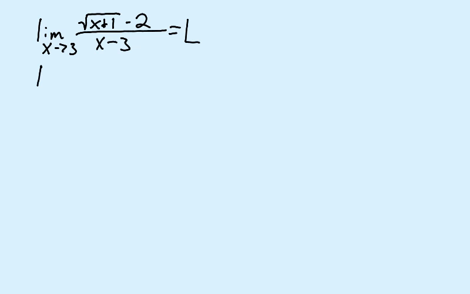One more example, also of rationalizing. So this is the limit as x goes to 3 of the square root of x plus 1 minus 2, and this is divided by x minus 3. Same idea applies. I'm going to see if I can multiply by the conjugate and get that x minus 3 to cancel out.